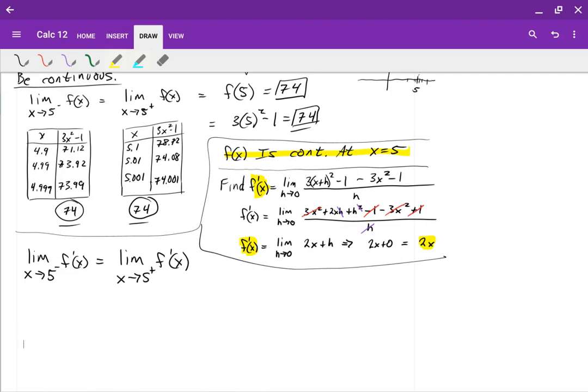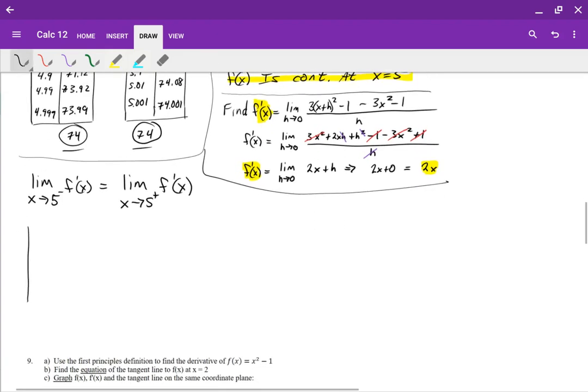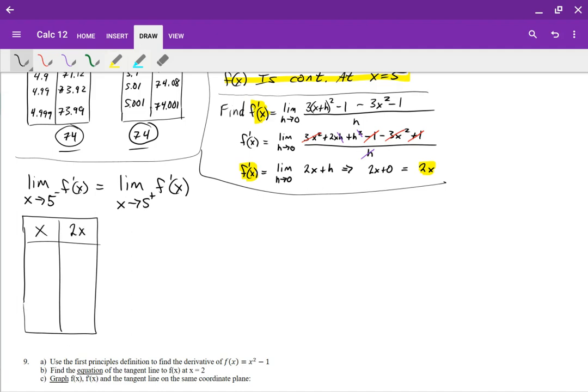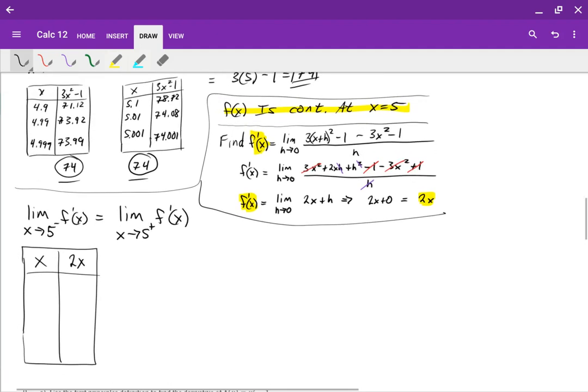Okay, and so let's go ahead and do that. Give us some space here. So again, just to determine the limit, I'm going to use a simple table of values. The trick is, in this table of values, I'm going to use 2x, which is the derivative, right?